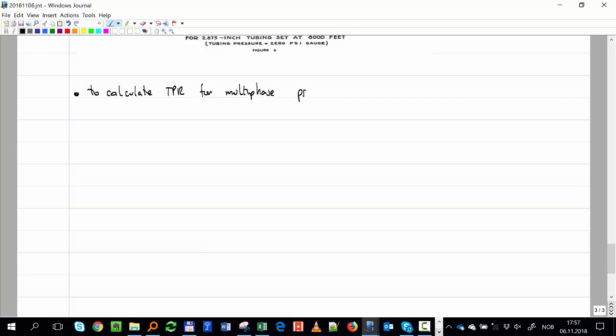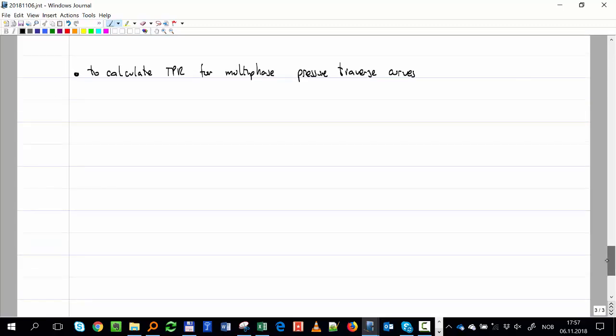This is called pressure traverse curves. They were used for many, many years, and you can still use them, but we're going to see there is a fundamental limitation of these curves, and what it means. Pressure traverse curves.